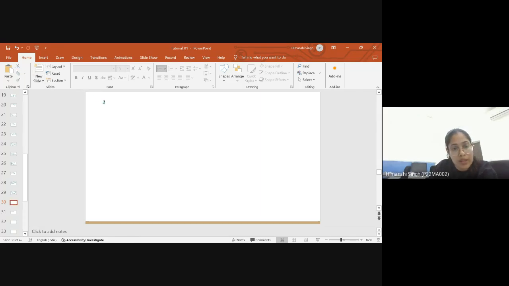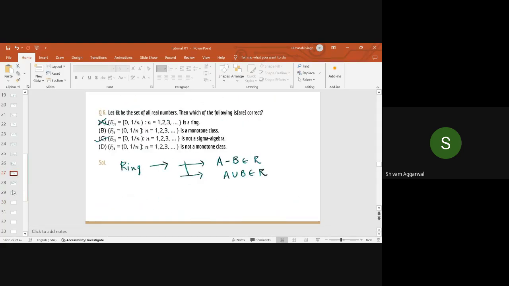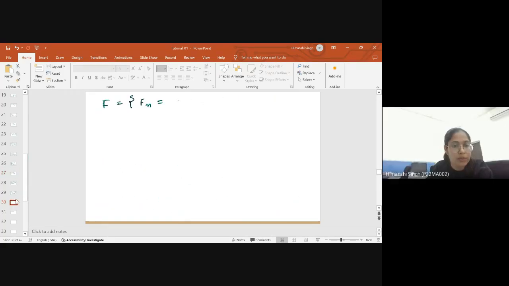So let me consider this as Bf, and here the elements are Fn, which equals open 0, closed 1 by n, where n goes from 1 to infinity.